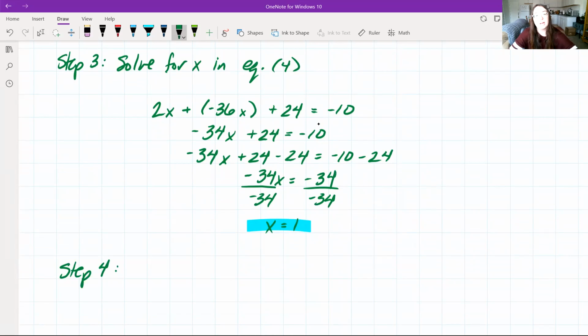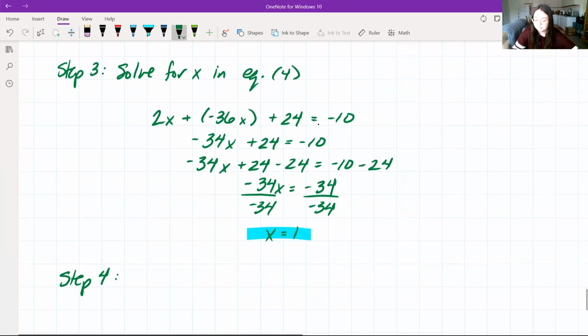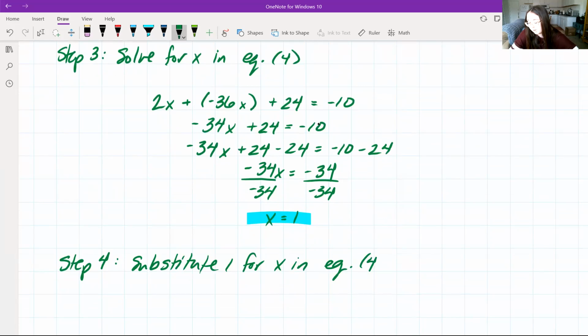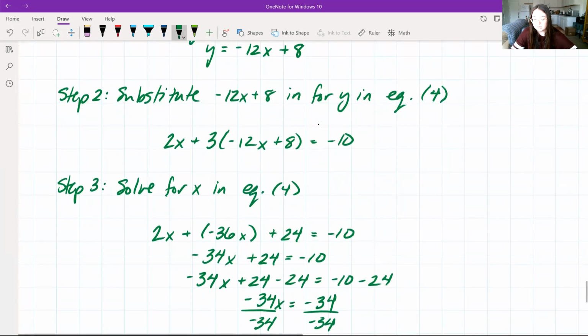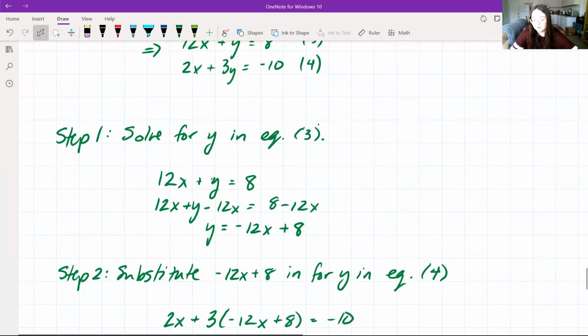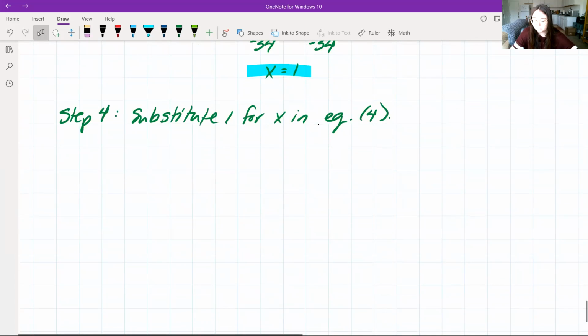Step 4, we can just go ahead and plug in x equals 1 into equation 4 to keep it easy on ourselves. So we're going to substitute 1 for x in equation 4, which our equation 4 was, let's go over here. Equation 4 was 2x plus 3y is equal to negative 10.